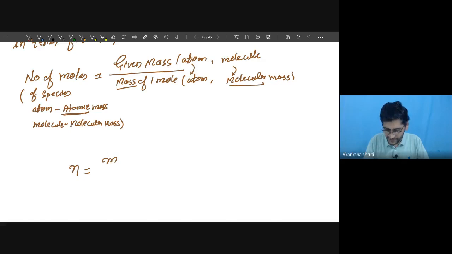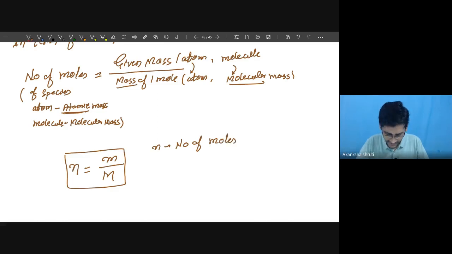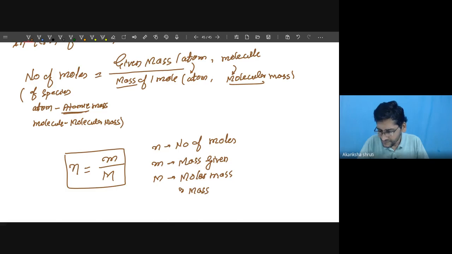If the given mass is denoted by m and molar mass is denoted by capital M, then n gives the number of moles and m is the mass given, and this capital M is called the molar mass, in which unit?